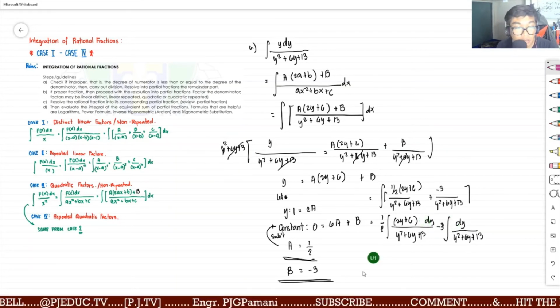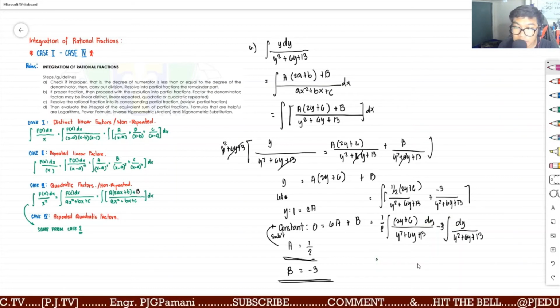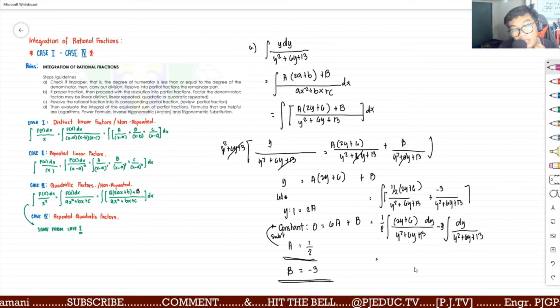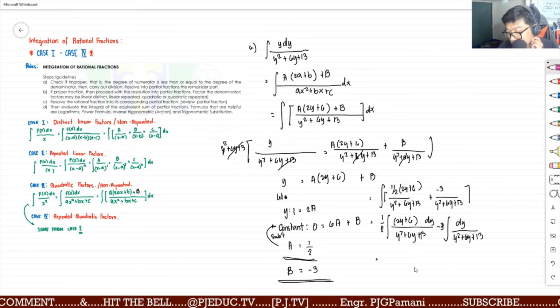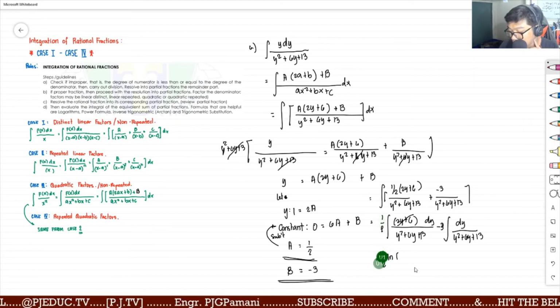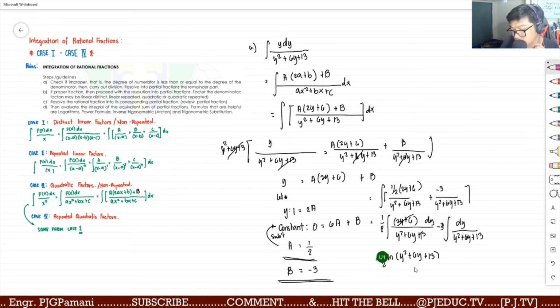Ano yan? Differential of y squared plus 6y plus 13. That is 2y plus 6. So, makakancel na yan. So, that is simply 1/2 ln y squared plus 6y plus 13.